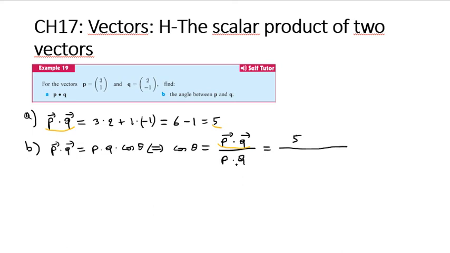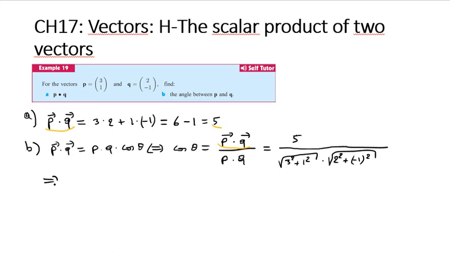And in the denominator, the magnitude of vector p, we know the components, so that has to be equal to the square root of 3 squared plus 1 squared, times the magnitude of vector q, which is the square root of 2 squared plus minus 1 squared.